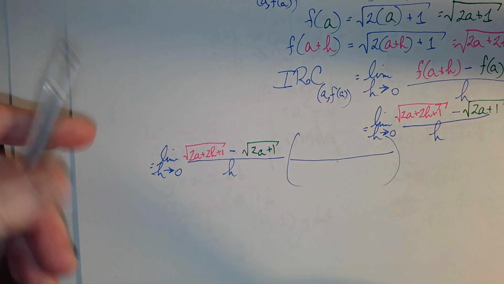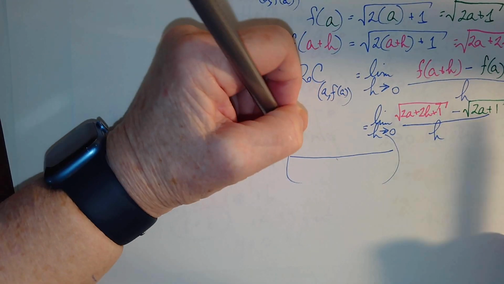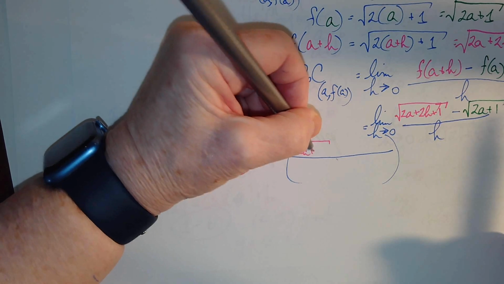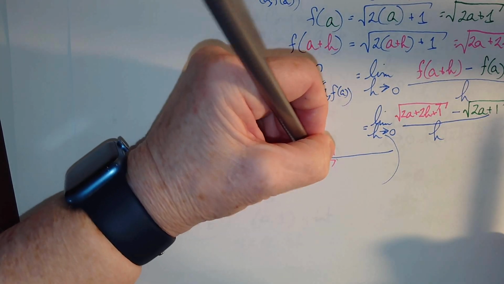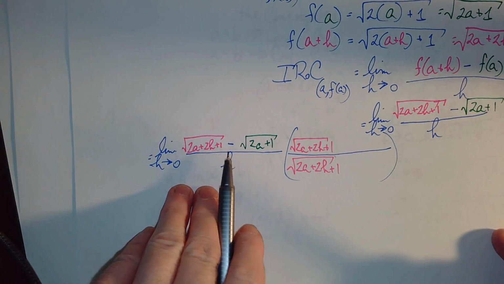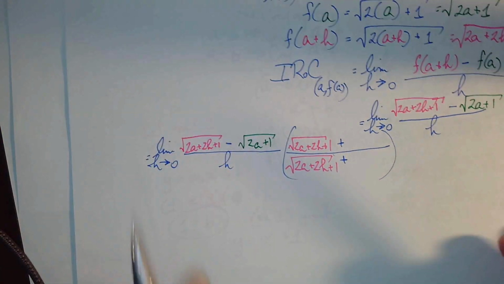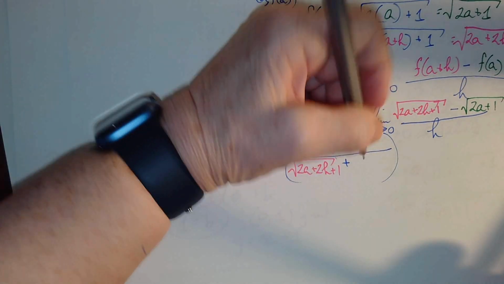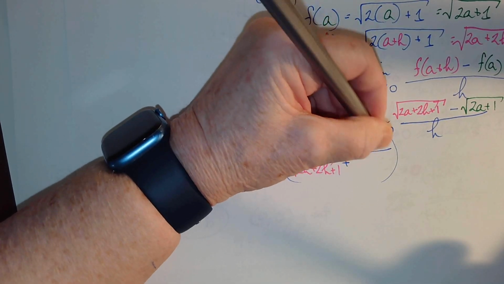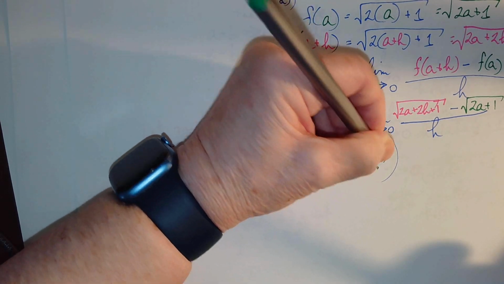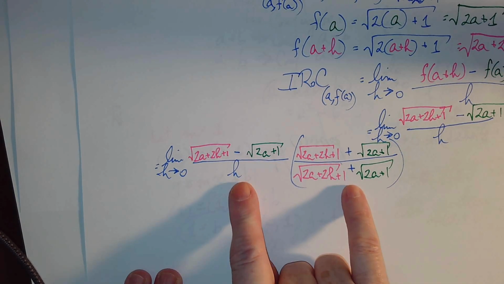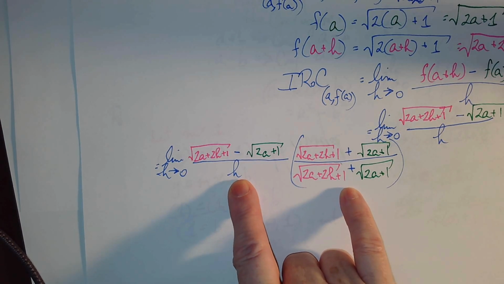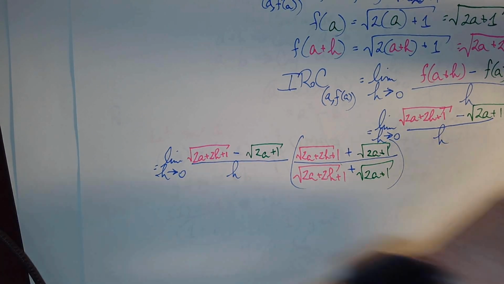Okay, we've got the same first term, the same second term when we write the conjugate. So the square root of 2a plus 2h plus 1, and the sign in the middle is the opposite sign. So here's a negative, I want a positive. The second term is going to be the square root of 2a plus 1. Great. Now, in the denominator, we are not going to distribute. We want to keep h as a factor. So let's write this.